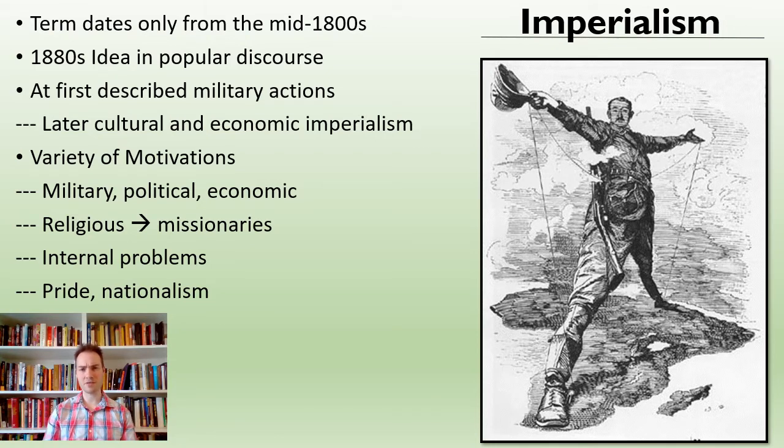There's also a lot of political motivations. If you're a relatively new nation state, you might want to try and get some colonies further afield so that you can have more resources, more money, more prestige. There was also a religious element. A lot of imperialism comes through the work of missionaries. In particular, the United States sends a lot of missionaries into the Pacific and into East Asia.